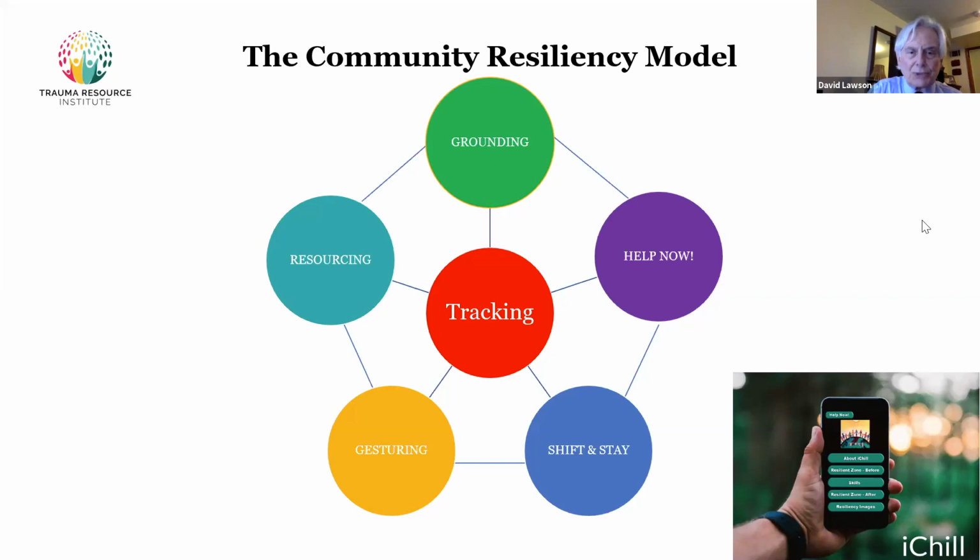Look forward to going over some of the actual exercises so that you can get some experience of what this is like. This is to show two things really on this slide. One is there is an app. It's called the iChill app.